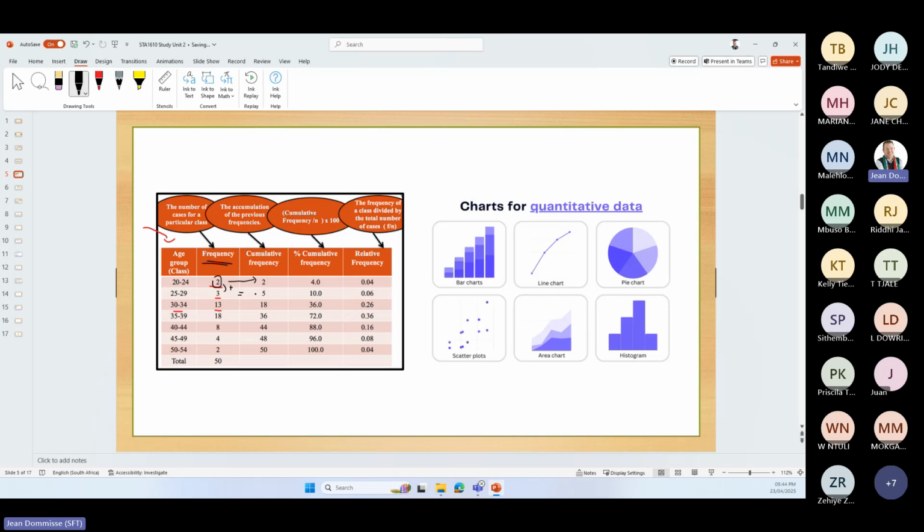So there's 5 people that are 29 and younger. Then you will look at 5 plus 13, there's 18 people that are 34 and younger. And so we continue. So 18 plus 18 is 36 people that are 59 and younger.